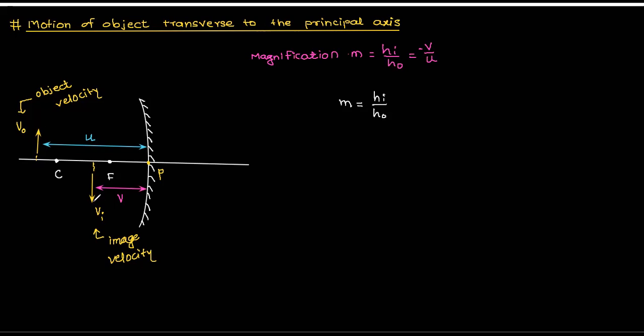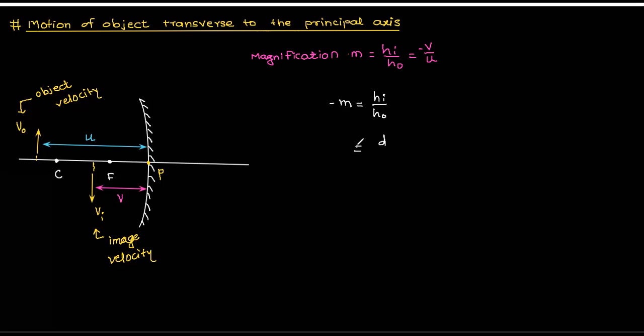Means the vertical distance is changing with respect to time. Therefore, can I do like this? This is minus m. Okay. So here I am differentiating this.